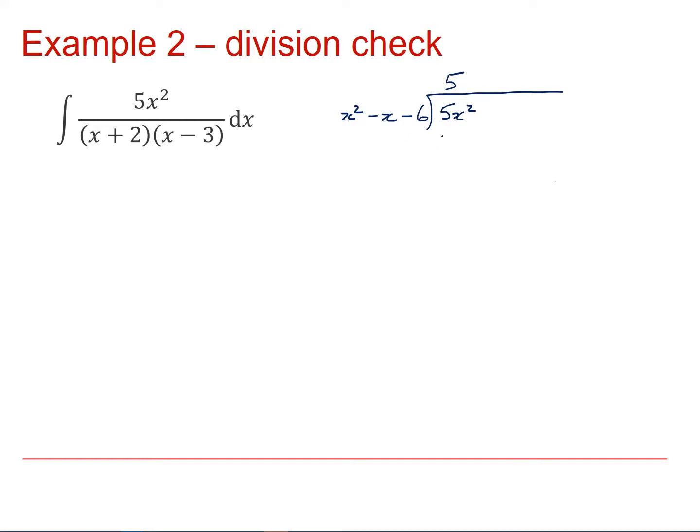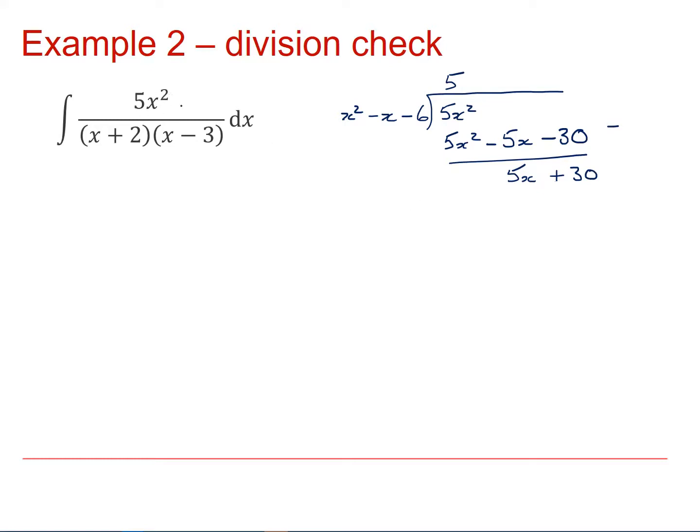So multiply that back across. I'm going to get 5x squared minus 5x minus 30. And if I take that away, I'm going to be left with 5x plus 30.